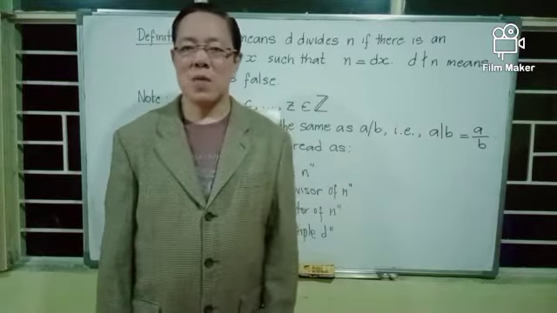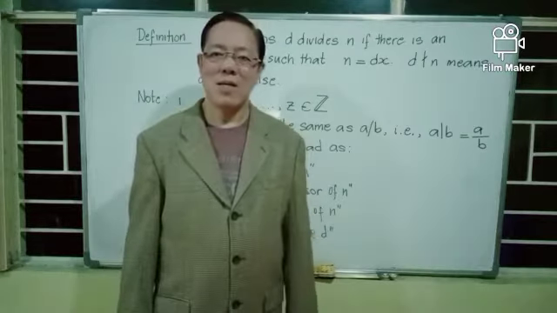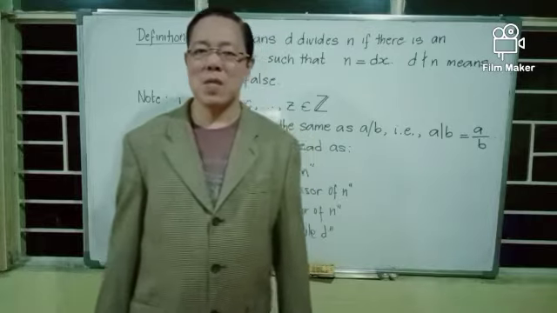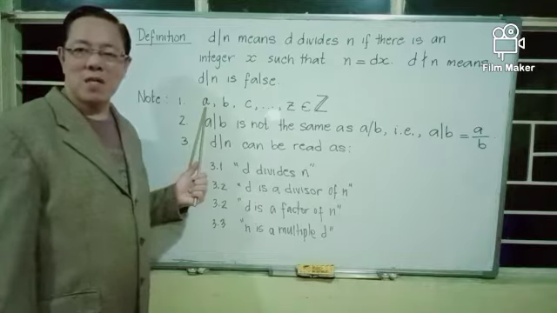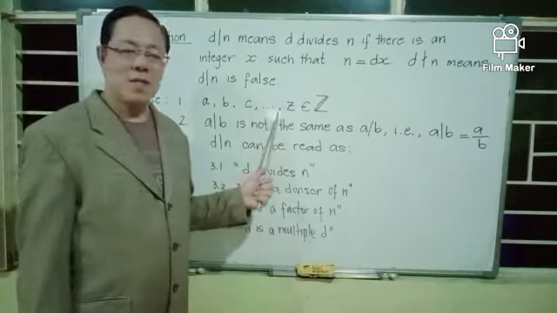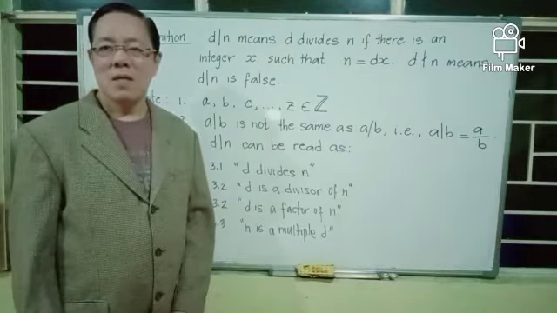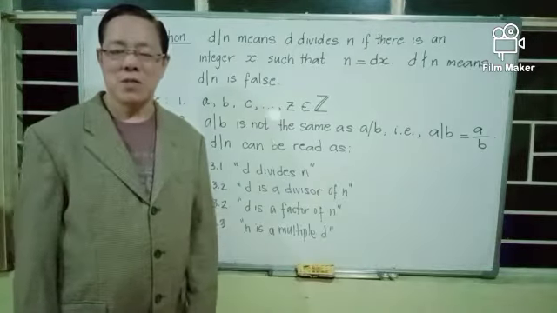But before that, I would like to point out one very important notation that we will use throughout the course, beginning from today. The small letters of the English alphabet, a, b, c, up to z, we will use to represent integers.